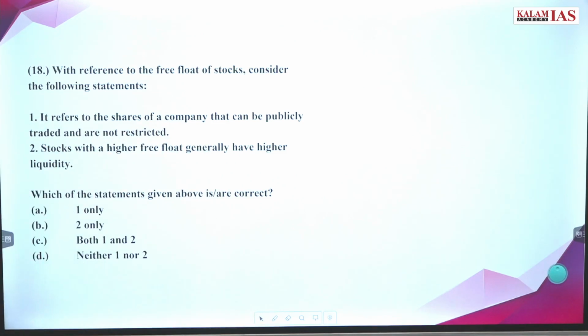Answer the 18th question. What is the answer?